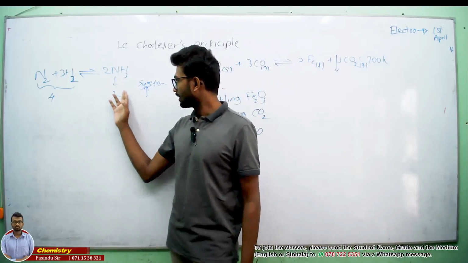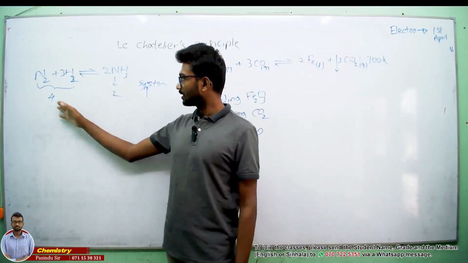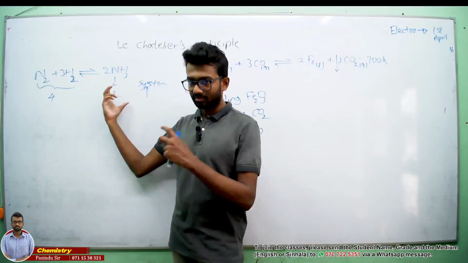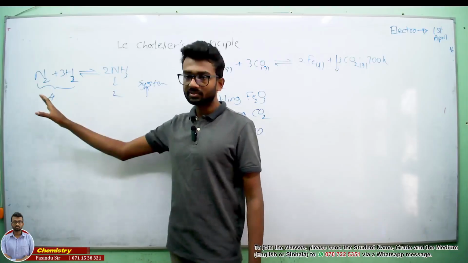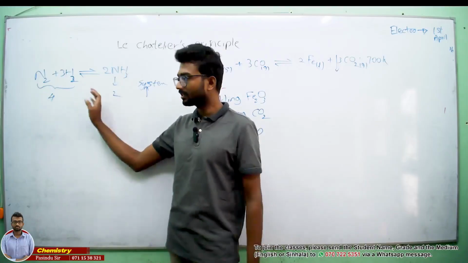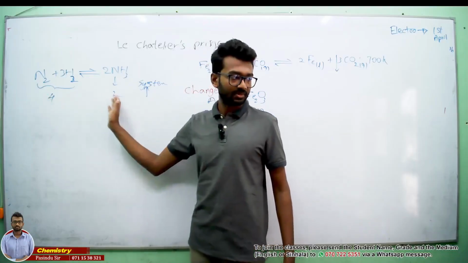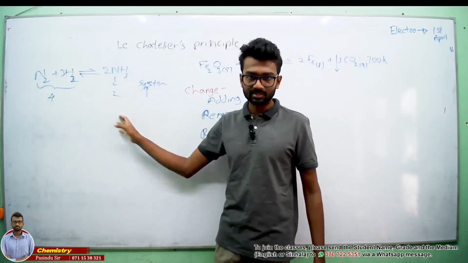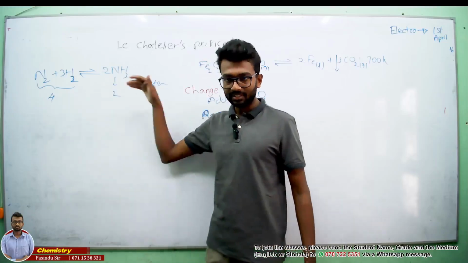If initially there are 2 moles of gases, now suppose these 2 moles go completely to this side. What should the pressure be? Pressure directly depends on the number of moles, right? That means what will happen if we reduce the pressure?